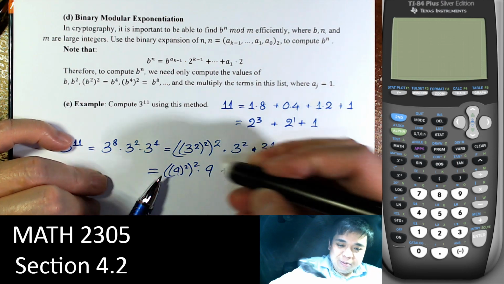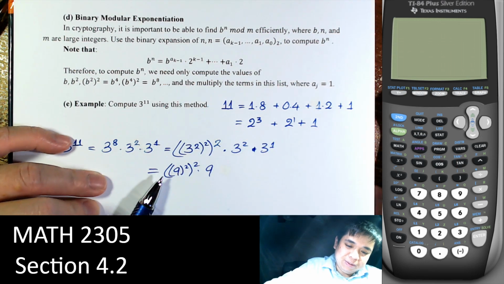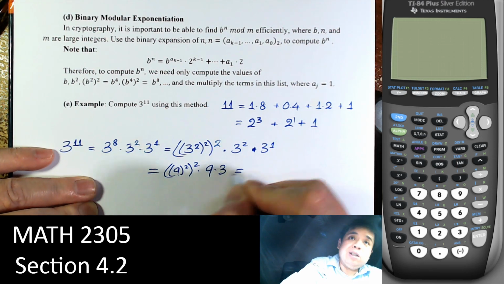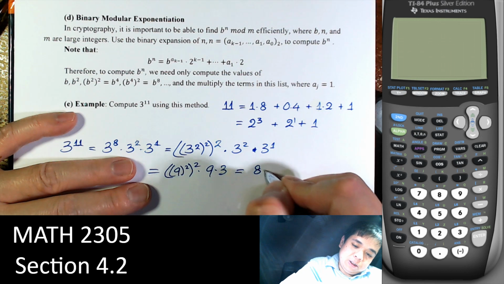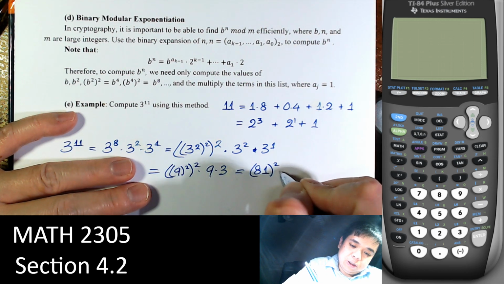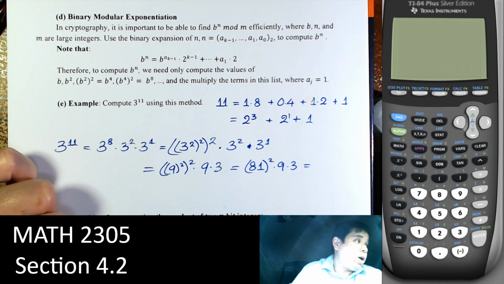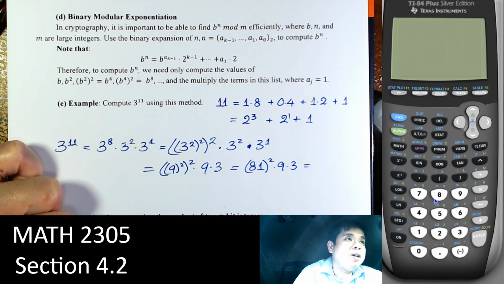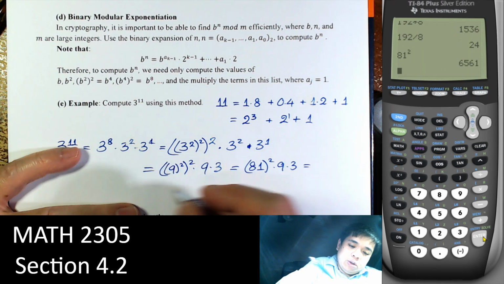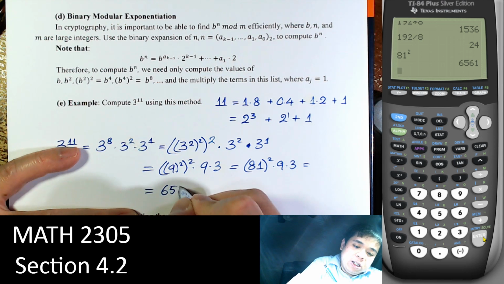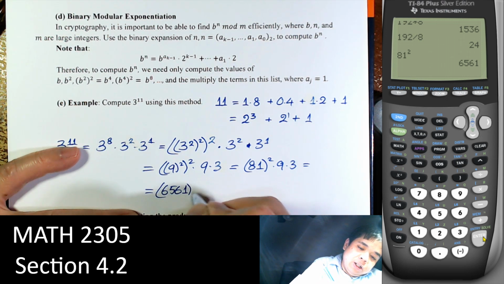9 squared is 81, and 81 squared is 6561, times 9 times 3.